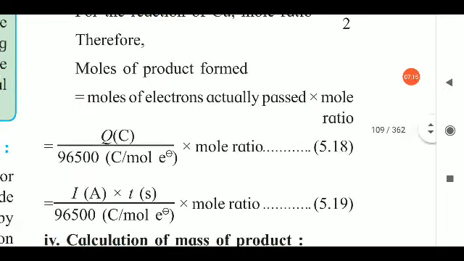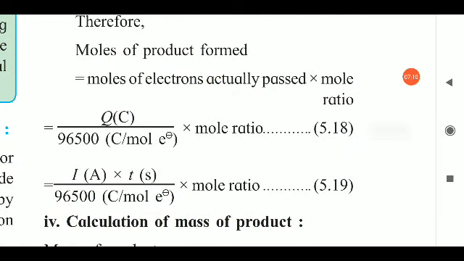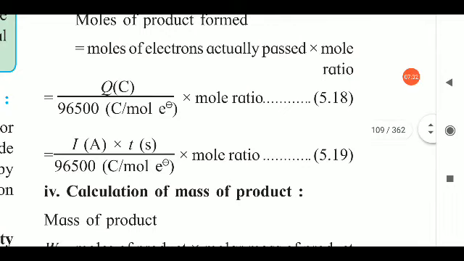That is, moles of product formed equals Q divided by 96500 into the mole ratio. Equation 5.18 we can also write in another form by expanding the value of Q.